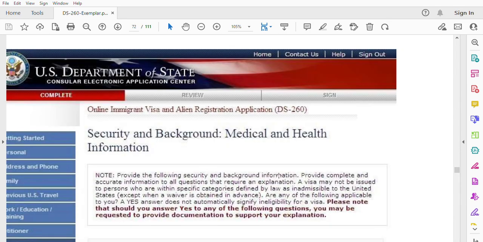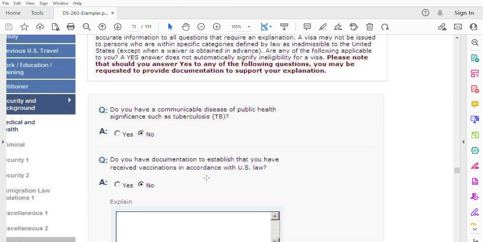So now we're gonna go to security and background, medical and health information. Do you have a communicable disease of public health significance such as tuberculosis? You see yes or no. Do you have any documentation to establish that you have received vaccination in accordance with US law? You still gotta provide this in your interview.